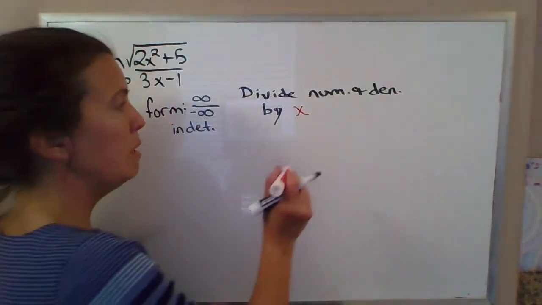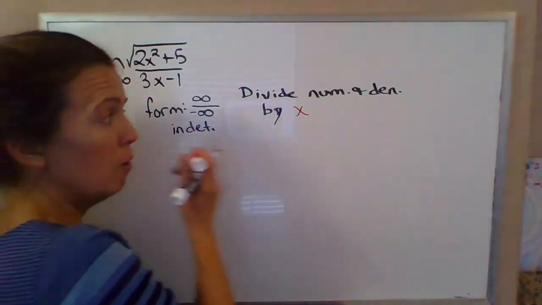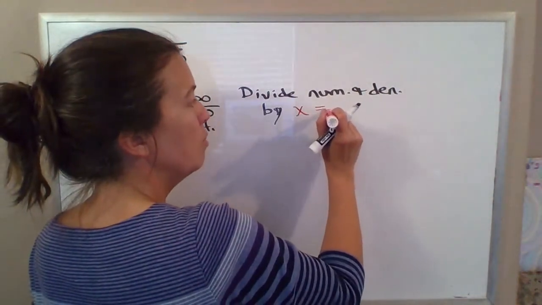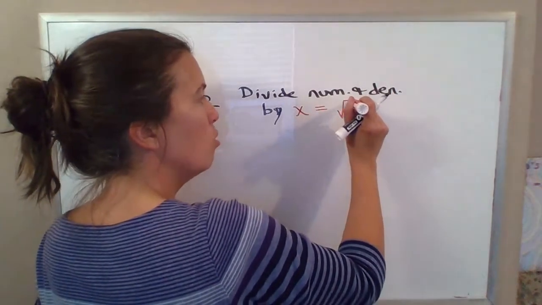Because we're going to be dealing with a radical in the numerator, I want to write this in an equivalent form. So we could say x is equal to the square root of x squared.